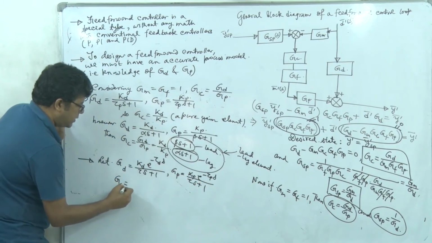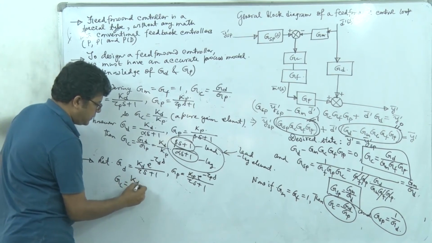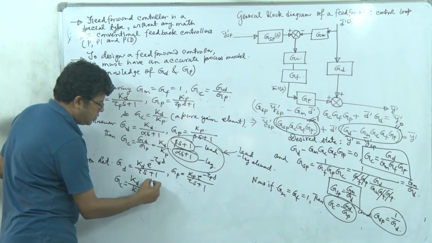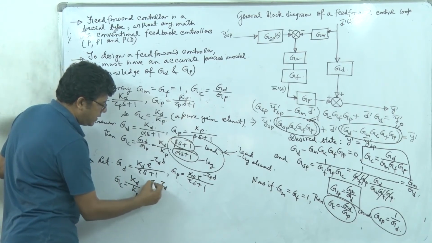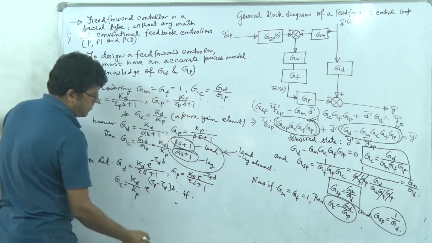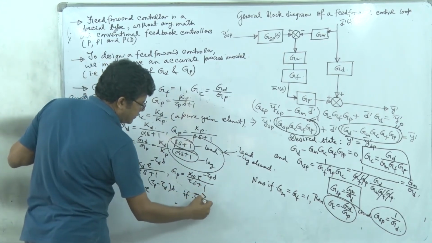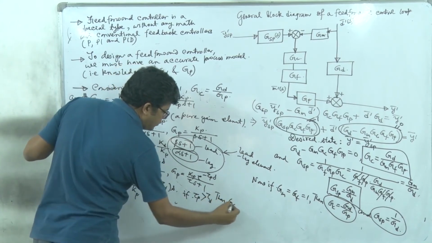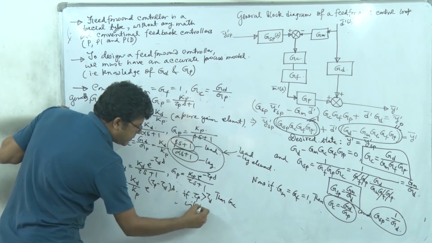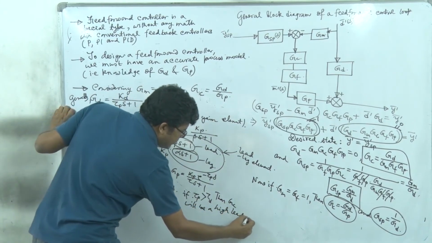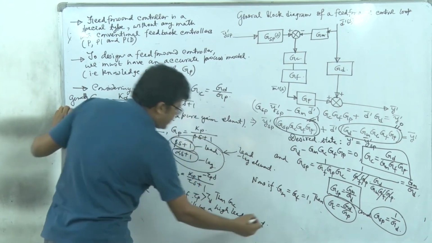Now the controller, you see, it is KD divided by KP, e to the power tau P minus tau D whole bracket S. Now if tau P is greater than tau D, then the controller will be a high lead element, right?